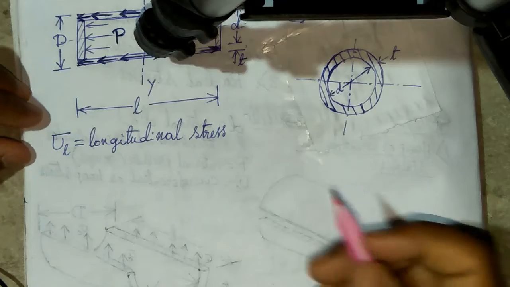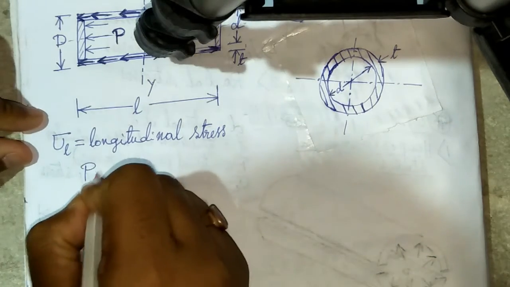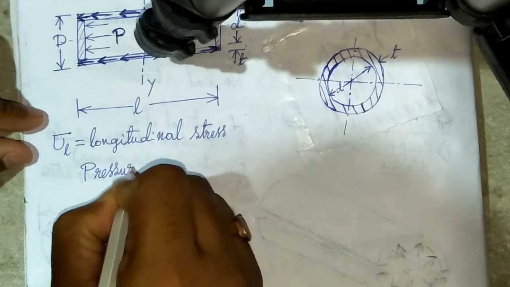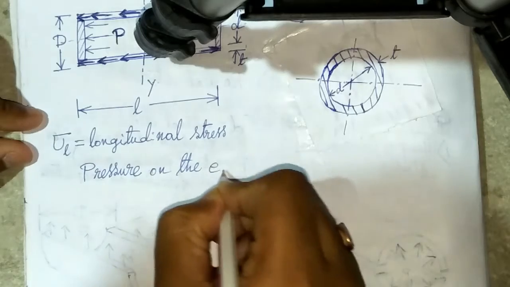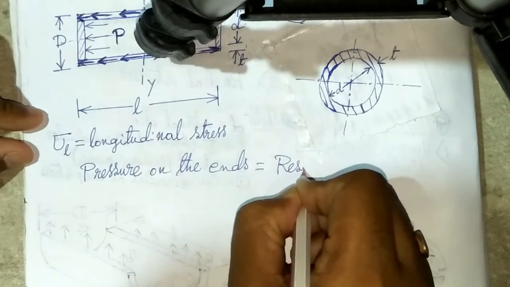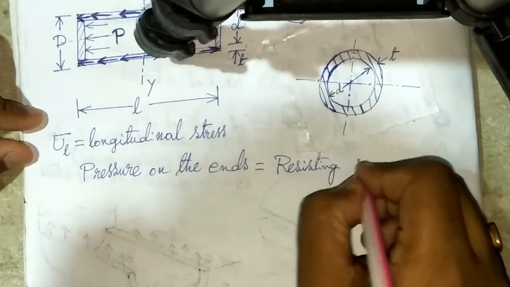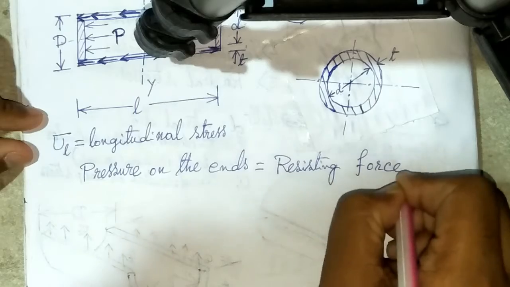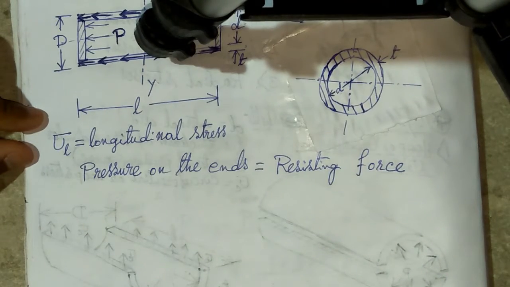So we can write: the pressure on the ends is equal to the resisting force.